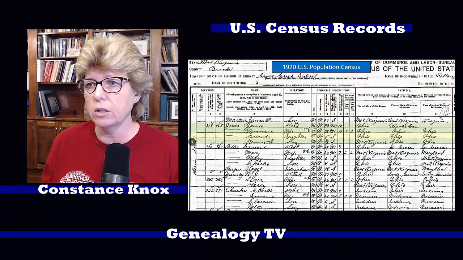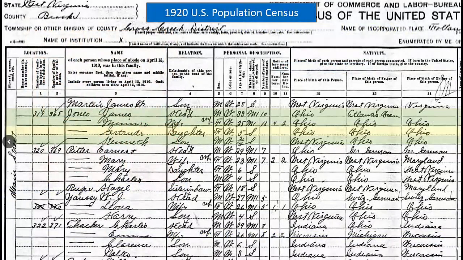I'm going to transition this over so you can see it a little bit better. In this case, it's a 1920 U.S. population schedule. You can see that we have James Jones, his wife Minnie, and Gertrude and Kenneth, their daughter and their son. This is the 1920 census, but we're going to dig into all of the different variations shortly.